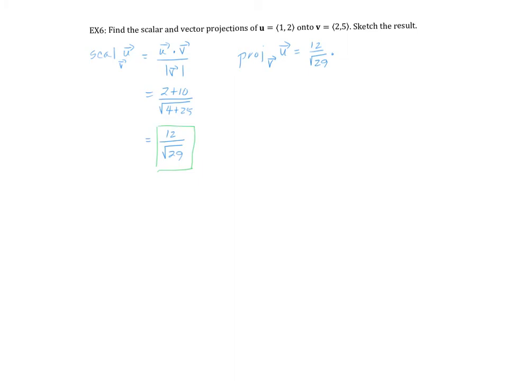So there's my scalar times the vector v over the magnitude of vector v, which would be the square root of 29, because we already figured that out. So my projection vector is going to be 12 over 29 times this vector 2, 5. And if we wanted to distribute the 12 over 29, I'll have the vector 24 over 29, 60 over 29.